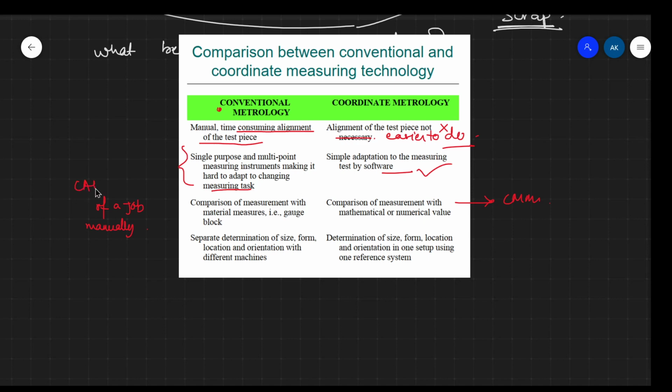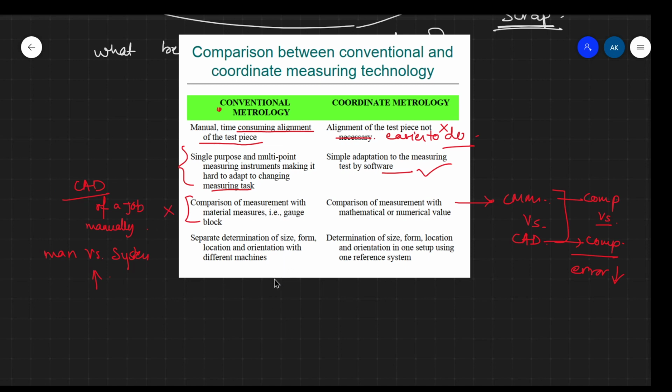Here also you will compare with the CAD model. Here also you will compare with the CAD model. Now see, here CMM is computer or machine, CAD model is by computer, machine. So here computer versus computer. So of course error will be less. Here it's man versus system. So error will be high. So this is not good.